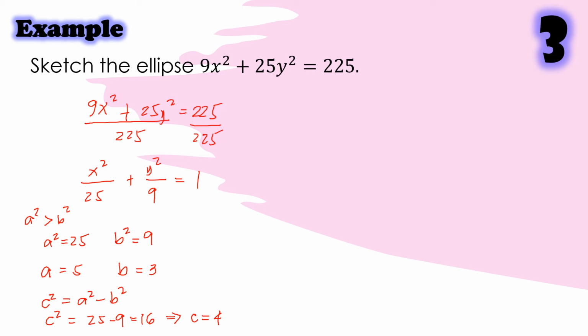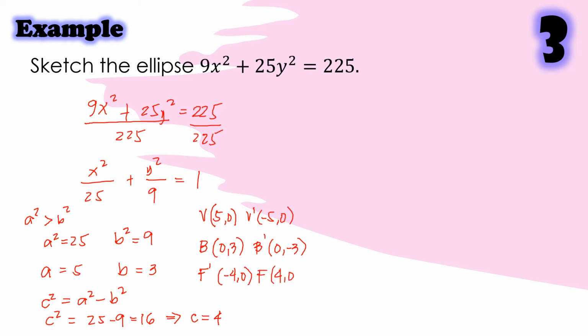Since a is equal to 5, we have the vertices V at 5, 0 and V prime at negative 5, 0. Also, b is equal to 3, so we have the co-vertices B at 0, 3 and B prime at 0, negative 3. Since c is equal to 4, the foci will be F prime at negative 4, 0 and F at 4, 0.